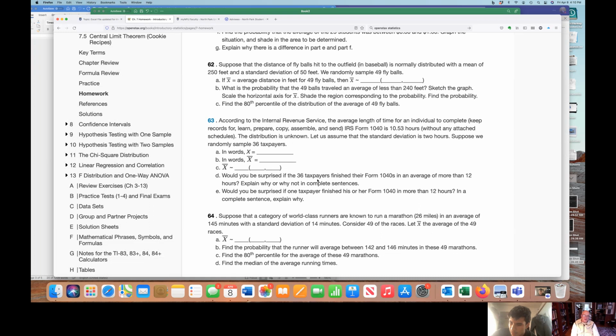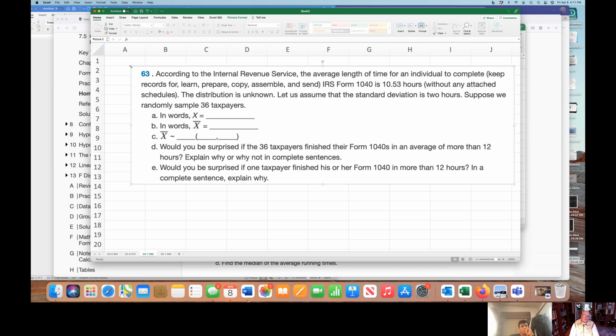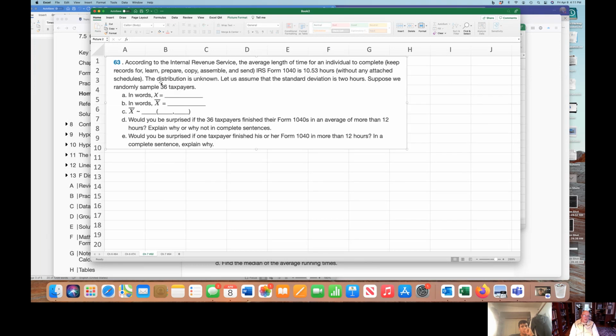If you can do 63, you can do 62. All right. So A is asking for the distribution of the individuals.